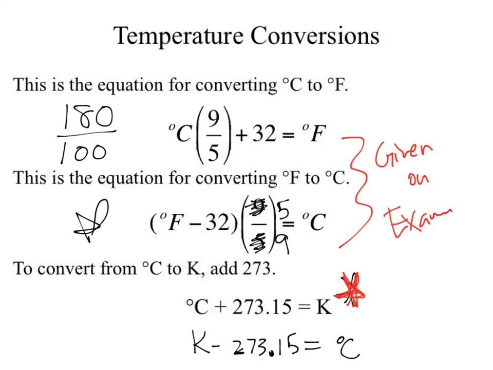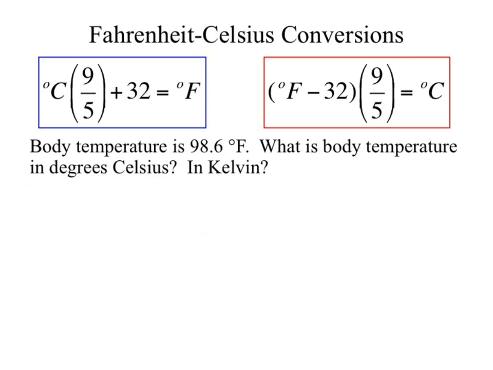Okay. Let's take a look at an example and real quickly fix this. Looking at 5 over 9. We're going to start with body temperature, 98.6 degrees Fahrenheit. What is body temperature in degrees Celsius? What is it in Kelvin?